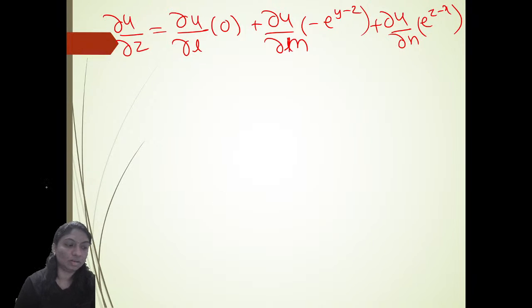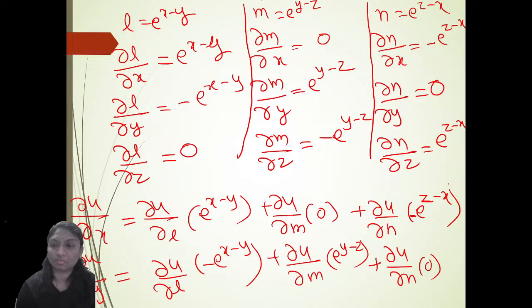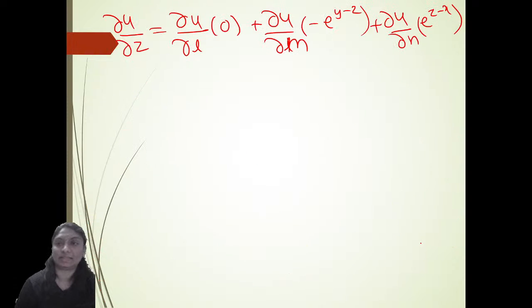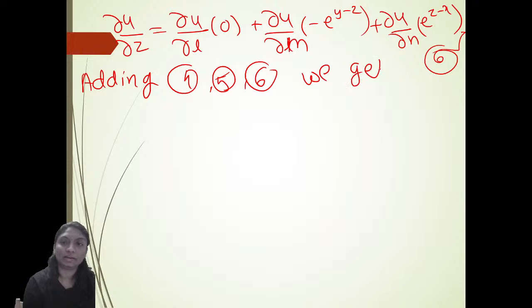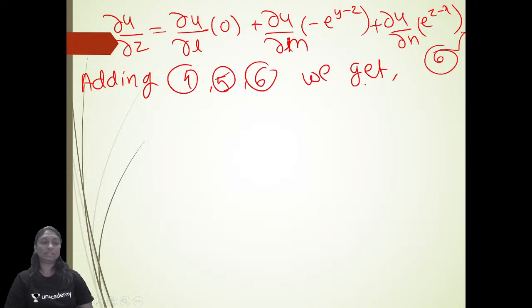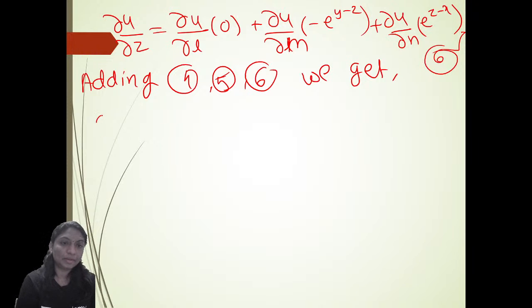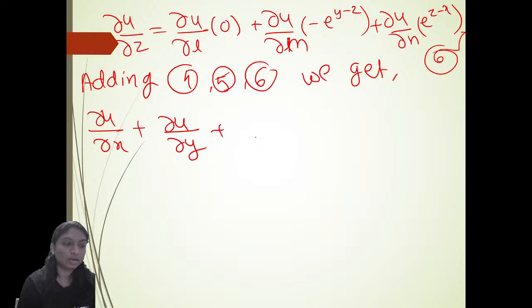Now call these equation number 4, 5 and 6. Adding equations 4, 5 and 6, we get ∂u/∂x plus ∂u/∂y plus ∂u/∂z is equal to 0.